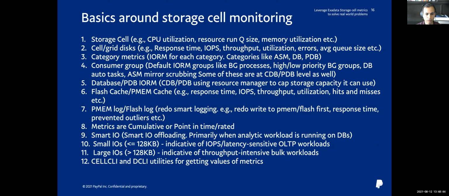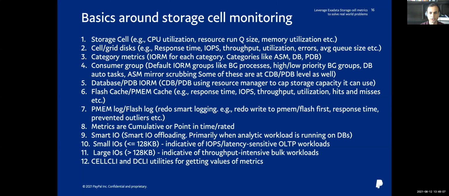Okay, so now getting into the storage cell metrics. There's a lot of text here, a busy slide, but what I want to mention is you have a storage cell, which is basically a server with a lot of storage.